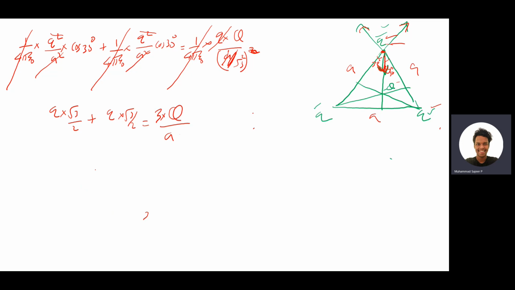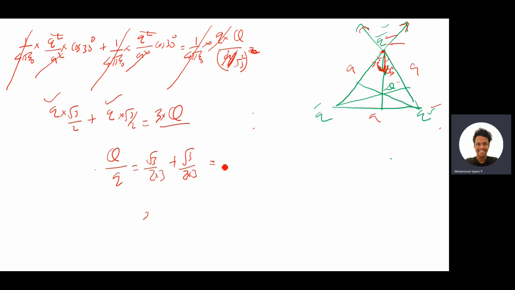So now we change all this q from the left side to the right side, q by q, and take all the other values to the left side. So it is root 3 by 2 by 3 plus root 3 by 2 by 3, and this a we have also cut.